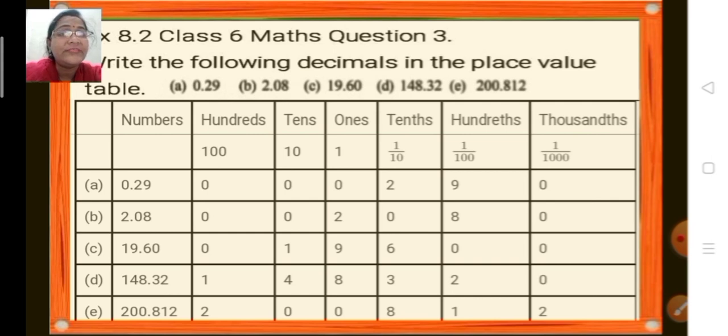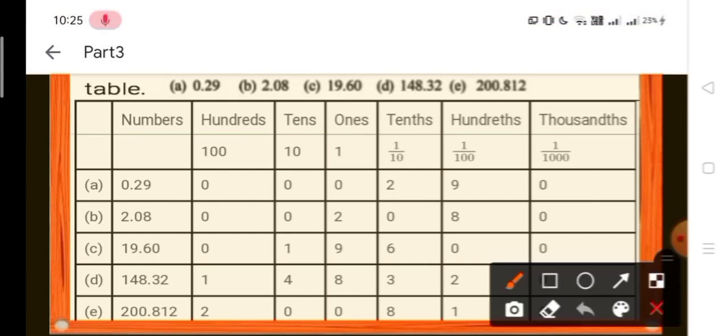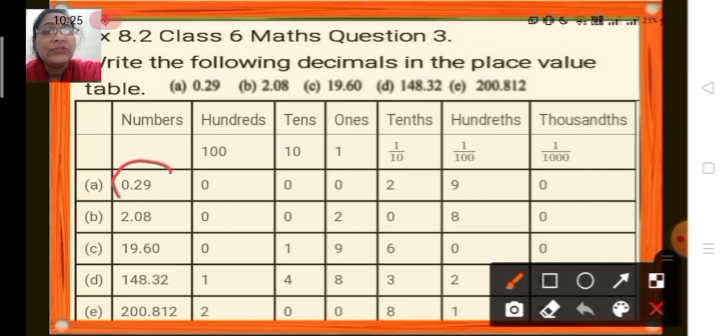Write the following decimals in the place value table given below. Now children, here the first number is 0.29. Now what we will do, we will fill this decimal number in the given place value chart.